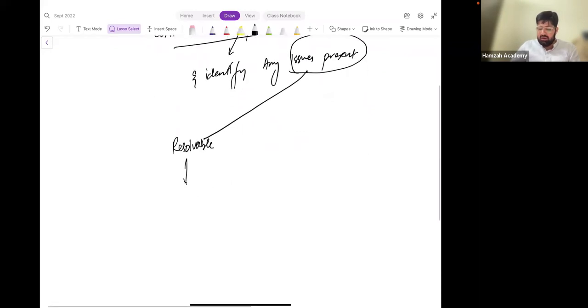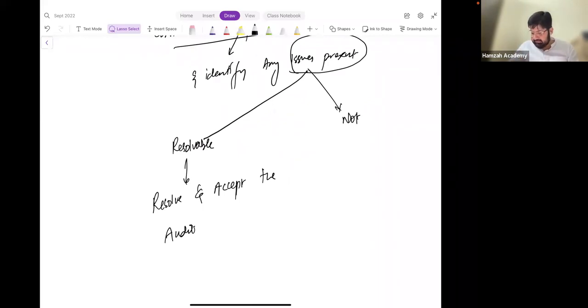If resolvable, resolve and accept the audit. If not resolvable, reject the audit. Now, it means we cannot audit that company.